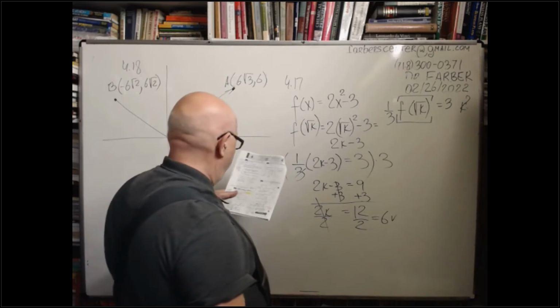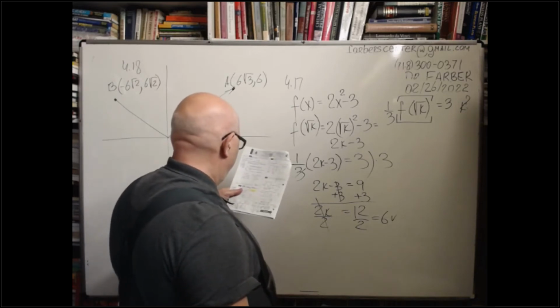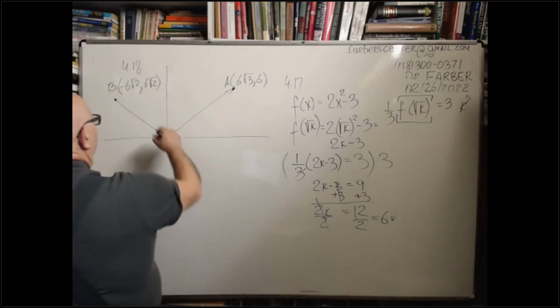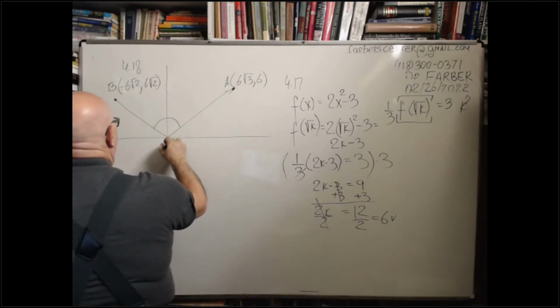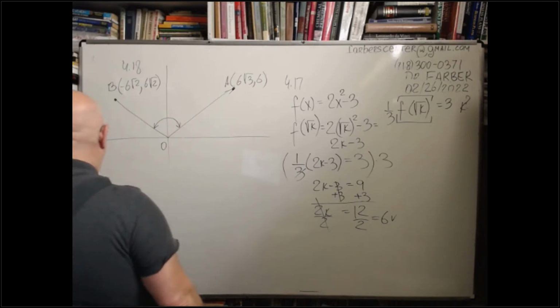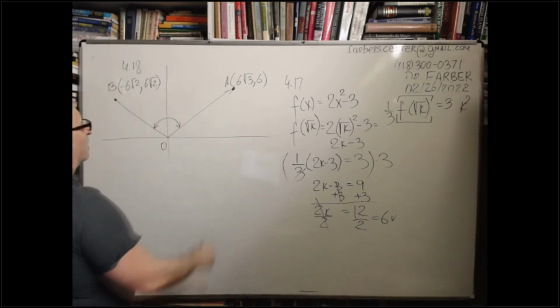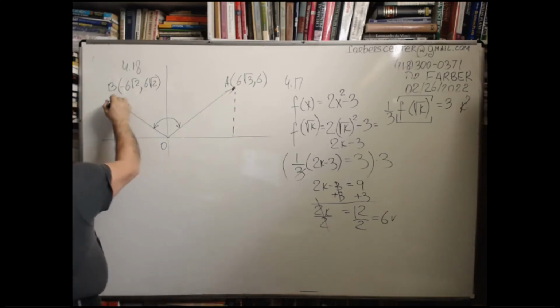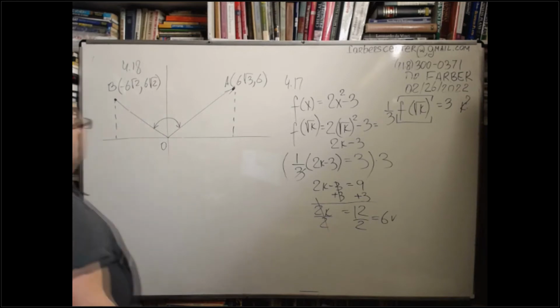What is the measure, in radians, of angle AOB? They ask you to find this angle, O is the origin. Like we did before, make this perpendicular and make this perpendicular. What is our strategy?